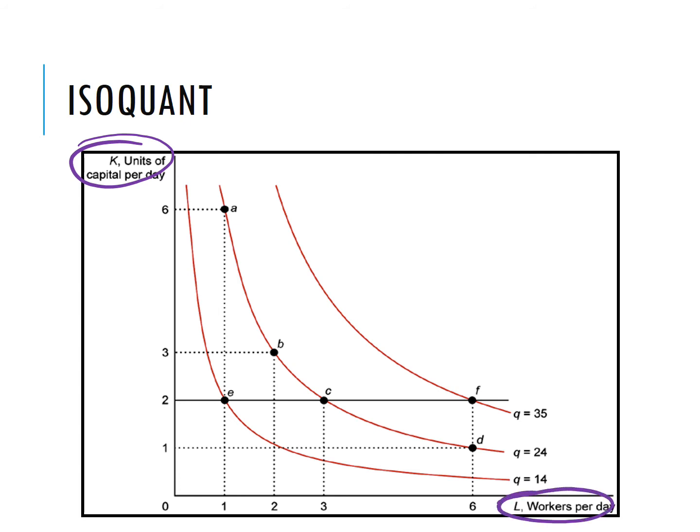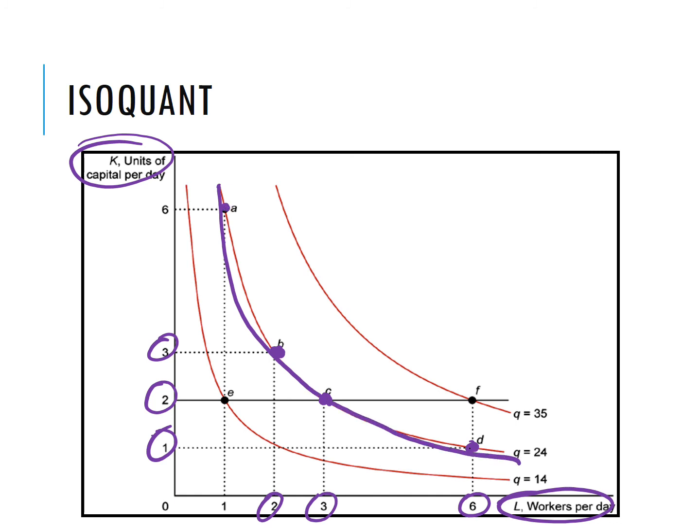And so you can see that when we have 3 workers, 2 capital, we're at point C, 2 workers, 3 capital, we're at point B. 6 workers, 1 unit of capital, we're at point D. And we join those together to get an isoquant.